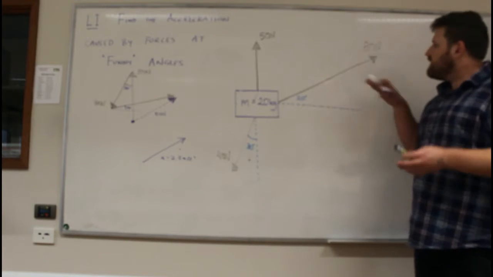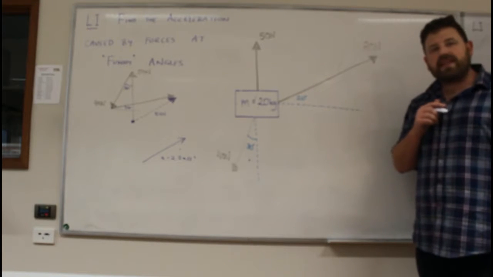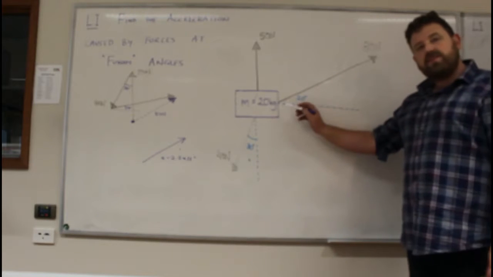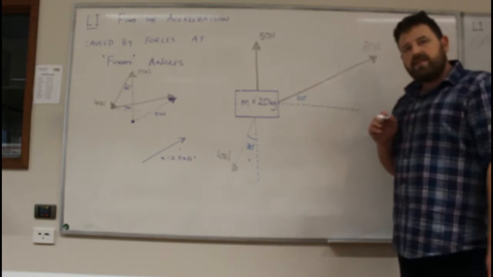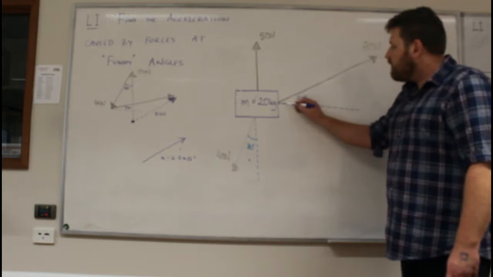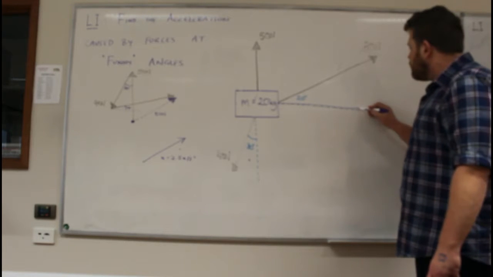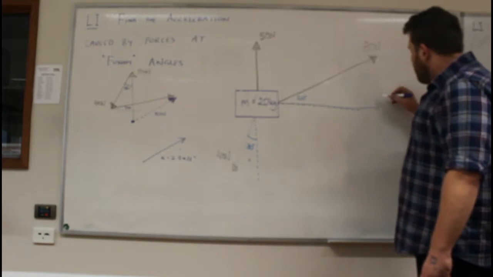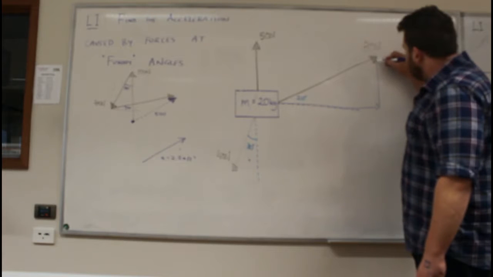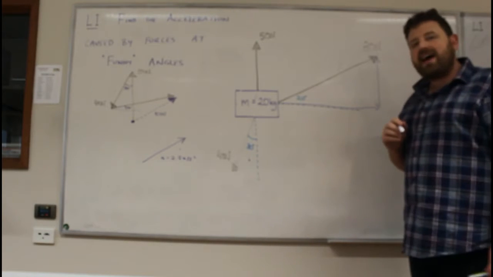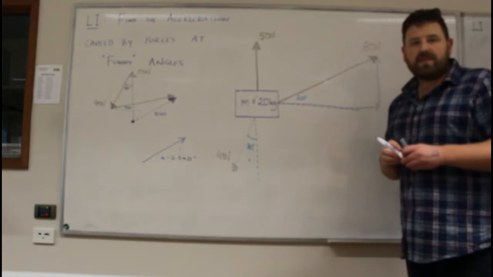Let me take the example of this 80 Newton force. We can think of it not as one force on a diagonal, but as two forces, one horizontal and one vertical, which together add up to give us that 80 Newton force.